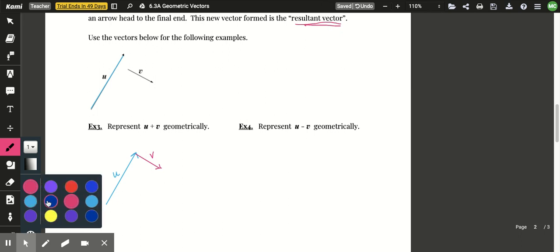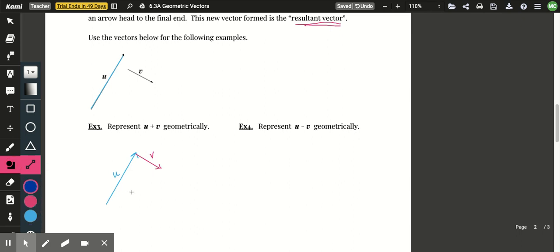And now finally I'm ready to put in my resultant vector. So the resultant vector is connecting the tail of the first one that I drew, so here the tail of u, to the head of v. So there we go. Oh, I missed. I'm going to try again.